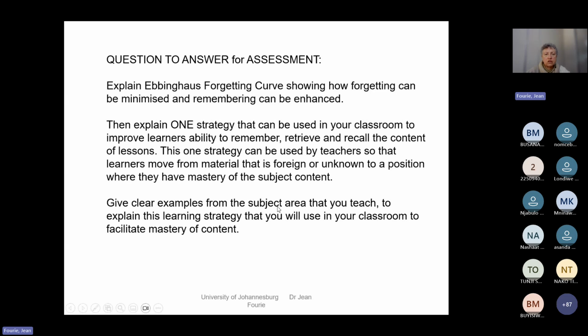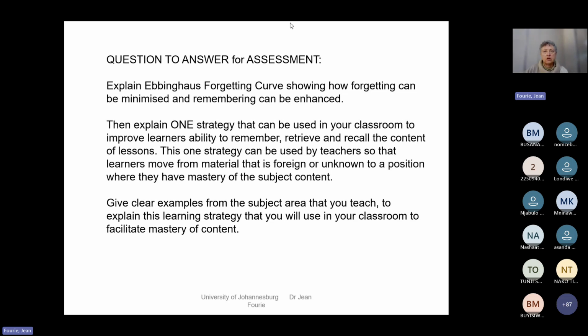And you're going to give clear examples from the subject area that you teach to explain this learning strategy that you will use in your classroom to facilitate mastery of content. So this is the question that you are doing for assignment 3, and you should be working on that in the next couple of days.